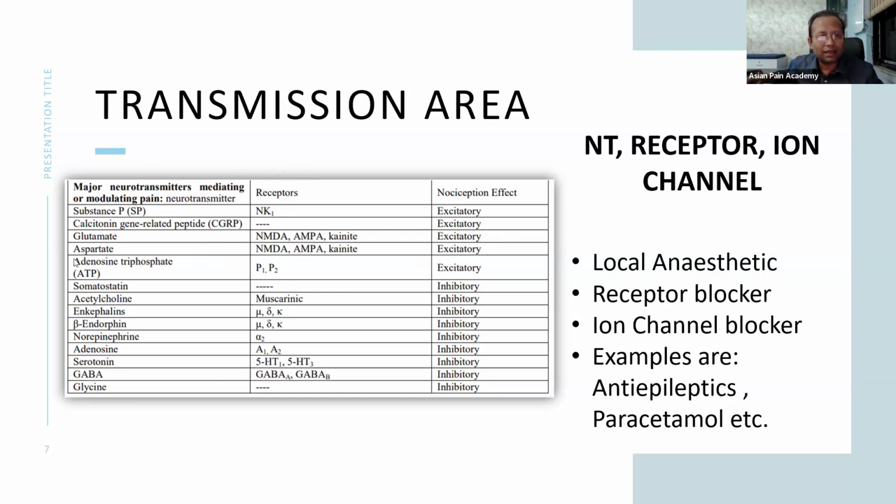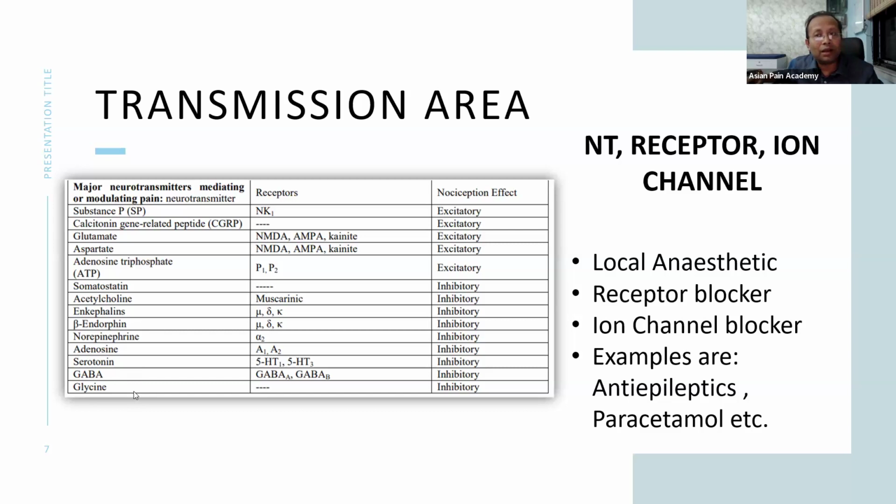But you just remember the neurotransmitters: substance P, CGRP. These are excitatory neurotransmitters. They work on receptors which are excitatory, like NMDA, AMPA, or NK1. So ultimately, the pain action potential will propagate and the patient will have more pain.